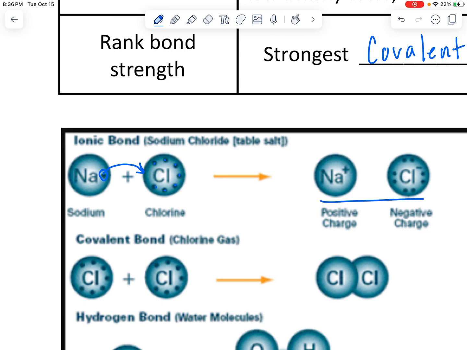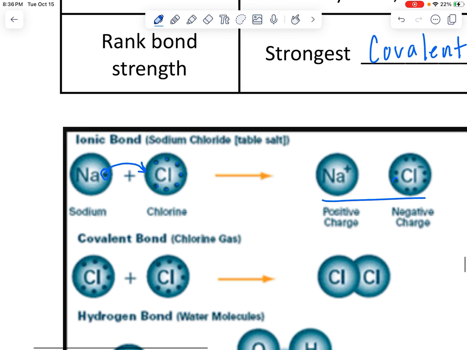That gives it a positive 1 charge, where chlorine has gained an electron. There's sodium's electron right there. So it is now -1. And because of that, positives and negatives attract to one another. So there's a force of attraction that pulls these two atoms together, and they stick together and form salt.